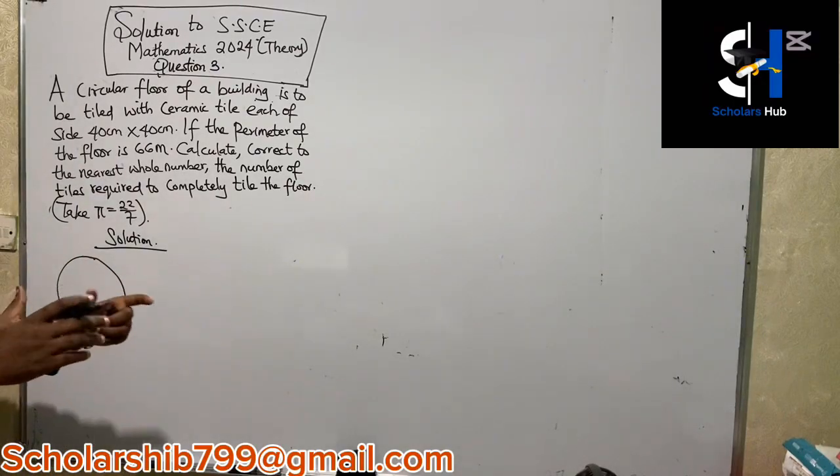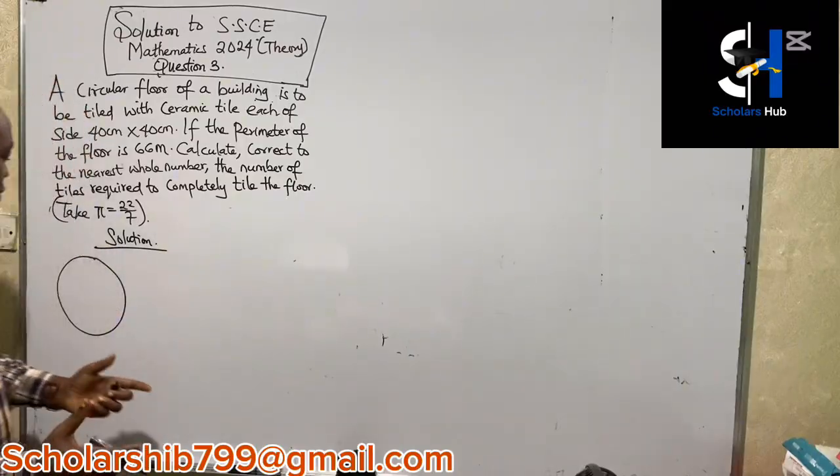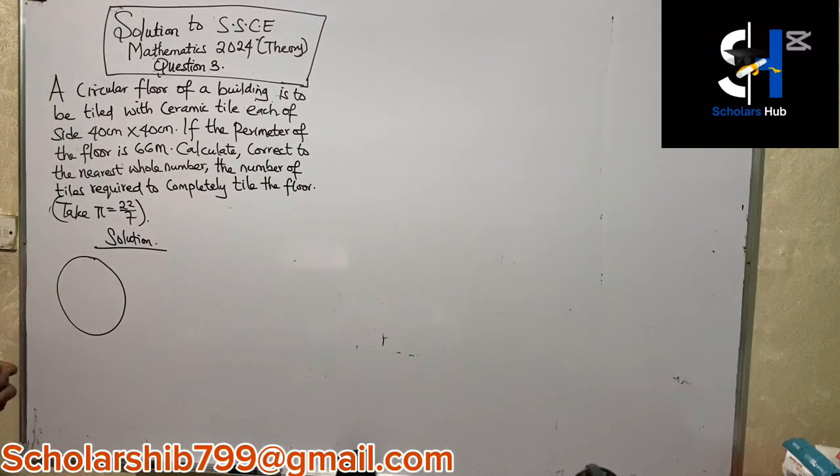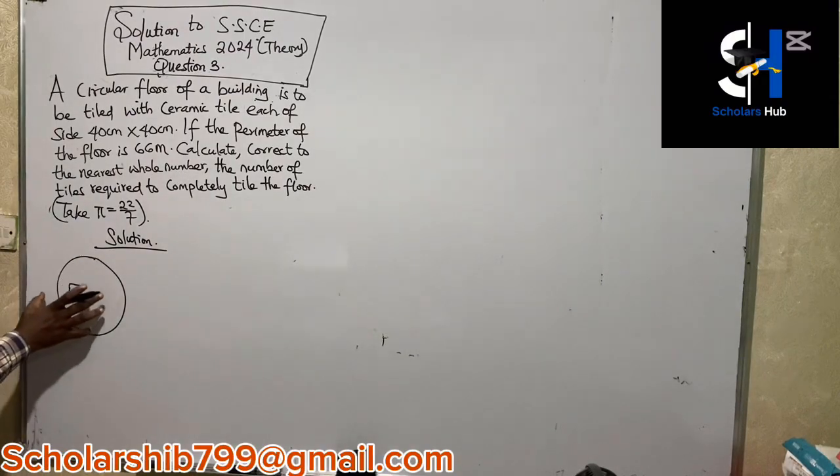Now, we have a circular floor. So the shape of the floor is what? The floor is in the shape of a circle. And it is to be tiled with ceramic tile, each of side 40 centimeters. So which means we don't know the number of tiles that can be placed into the circle, that will fill the circle.